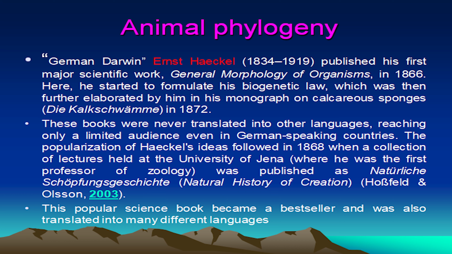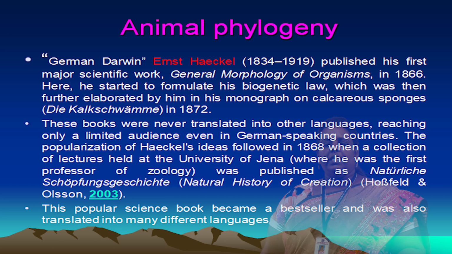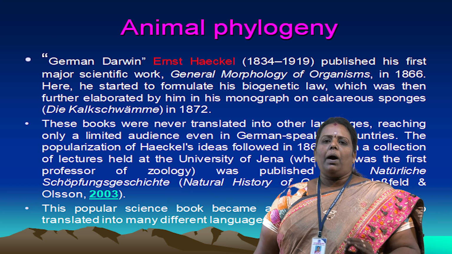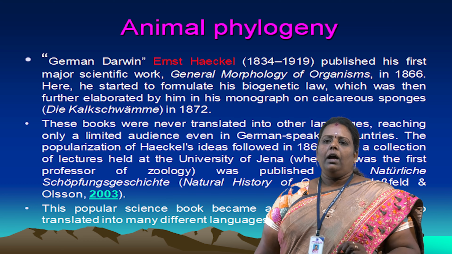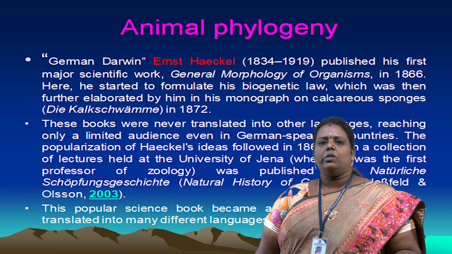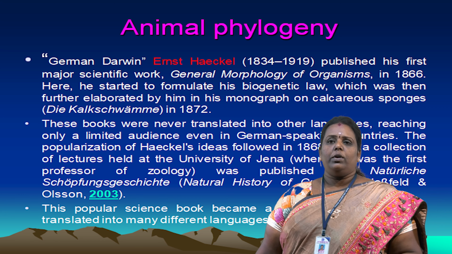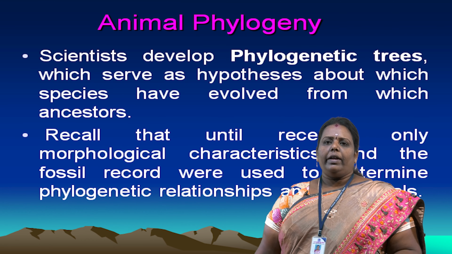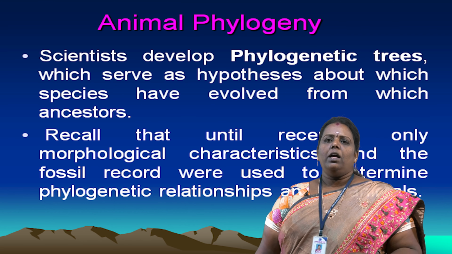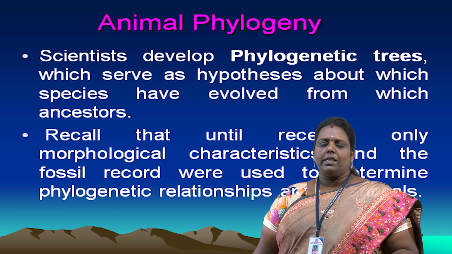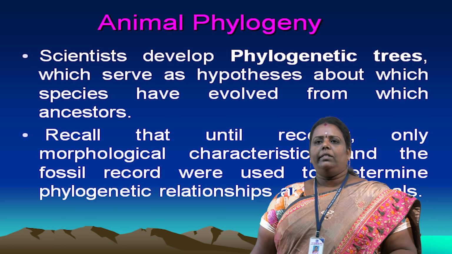That is how we know the scientific studies in Ernst Haeckel's work, and we follow those ideas from 1868 onwards. The popular science book became a bestseller and was translated into many different languages. After that we know about the particular ones. For animal phylogeny, some scientists developed phylogenetic trees depending on Ernst Haeckel's hypothesis.